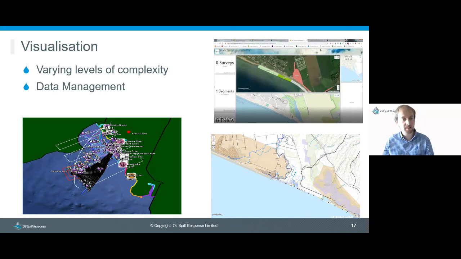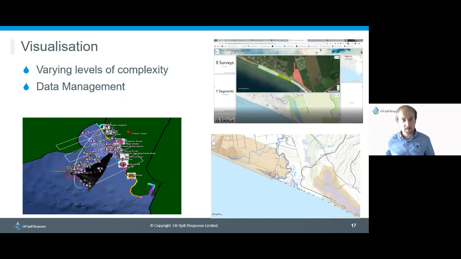In larger, more complicated spills, though, a tool like that can get overwhelmed very quickly, and that image on the bottom left there shows just how much information can get built up in a short amount of time, to the point where the map is so busy that it's not really helpful or useful to anybody. They're going to struggle to get the information that they need out of it.